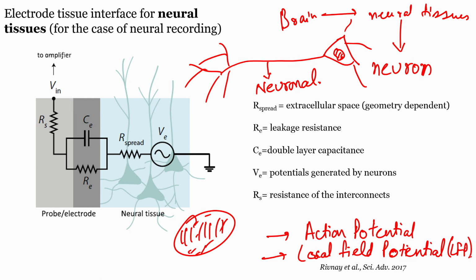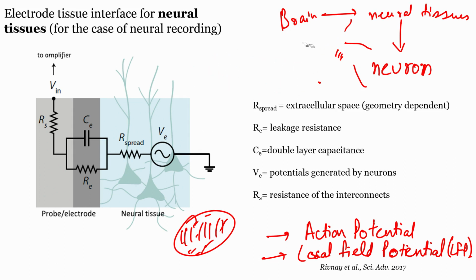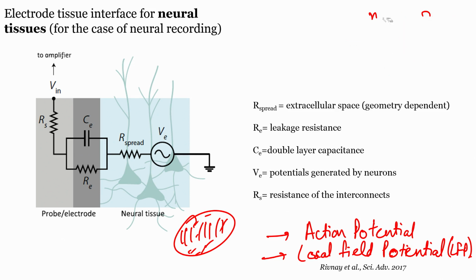Those who are interested can read further about these two terms, but we will restrict our discussion only with reference to the context, which is the electrode tissue interface and electrode tissue impedance. So let us see how the electrode tissue interface exists for a neuronal tissue. How is this neuronal tissue different from the breast tissue that we had discussed?